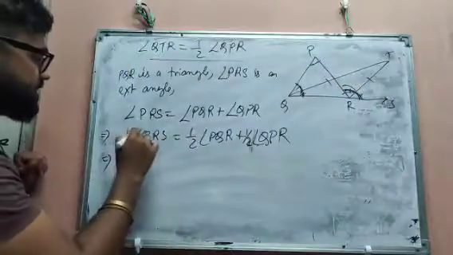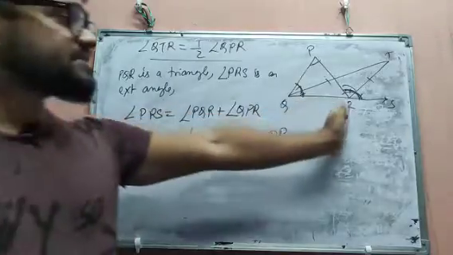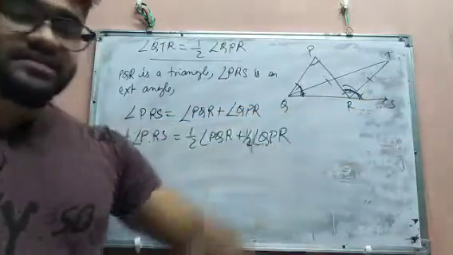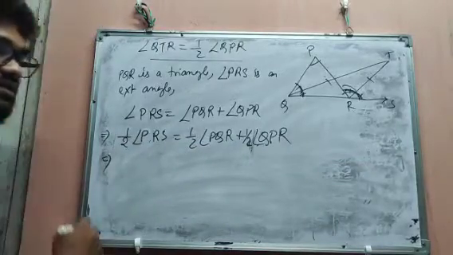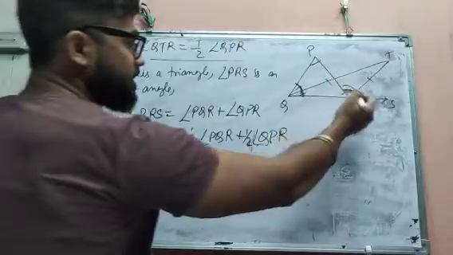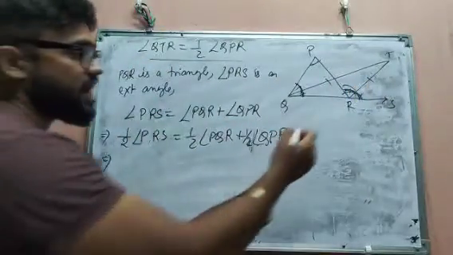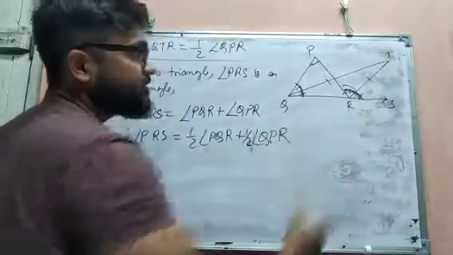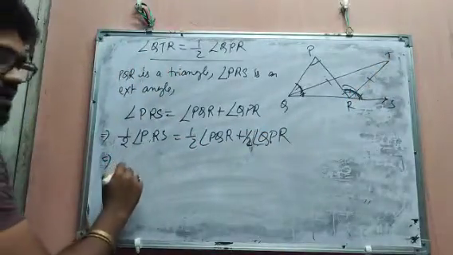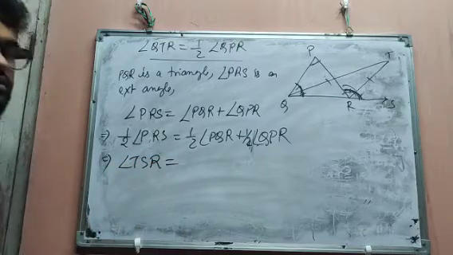Since TR is the bisector, half of PRS is angle TRS.